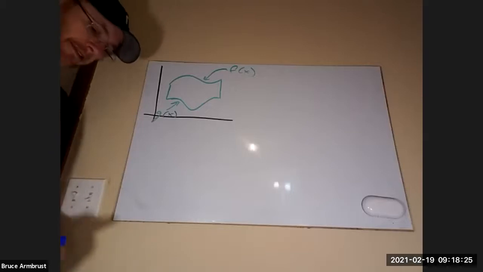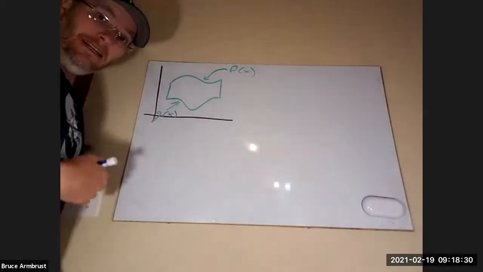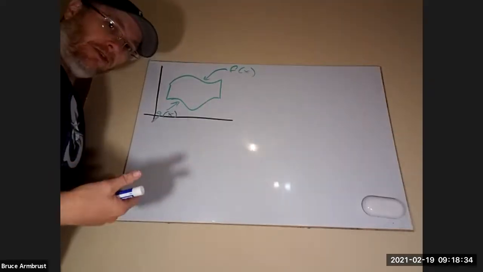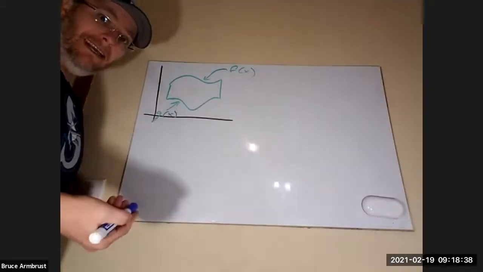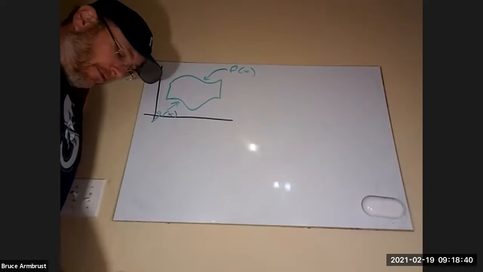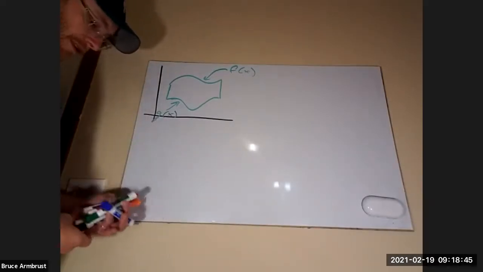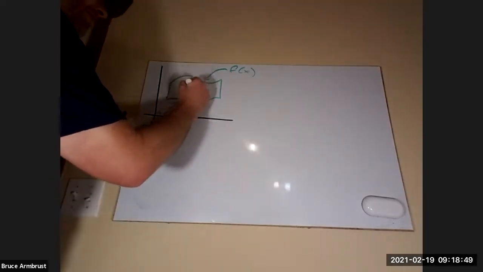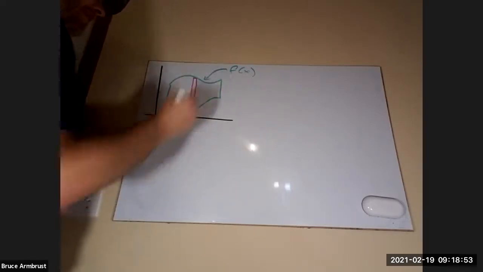So when we find center of mass, there are three things we have to find. One is the mass of the object itself. The other two are the moments about the two axes, so My and Mx. But for all of those, we're going to approach it in the same way, which is we're going to start by dividing this into a bunch of strips. So let's put a little representative slice here.